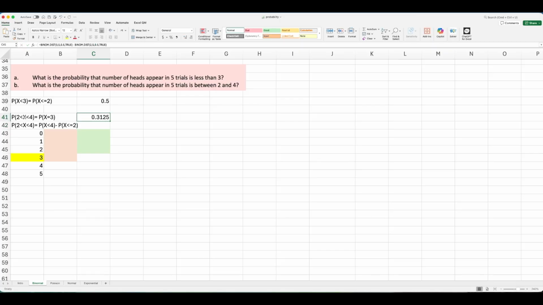This should be the same as if you calculate probability of 3, but this way of rewriting is the general rule for rewriting this probability. This is really important, specifically in discrete distributions, because less than some number is not the same as less than equal to that number. Each of these numbers is discrete and can be included or excluded from the probability.